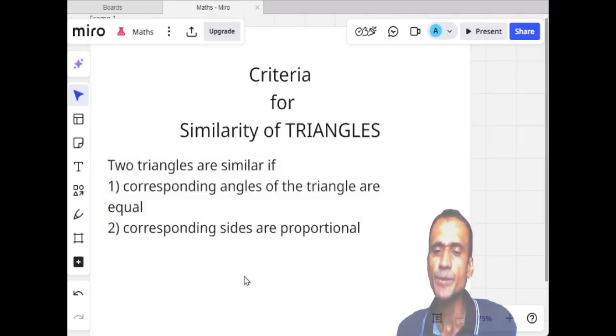But when we are given two triangles and want to know whether they are similar, do we need to look for these two properties in totality? That means, do we always need to find out that all the corresponding angles are equal, and then find out whether the corresponding sides are proportional?